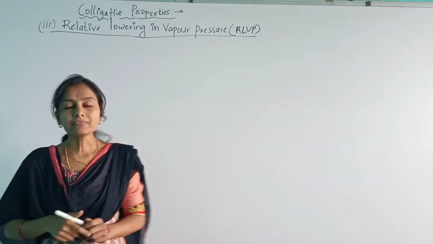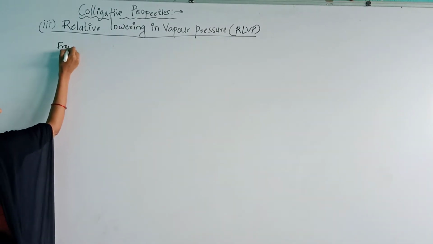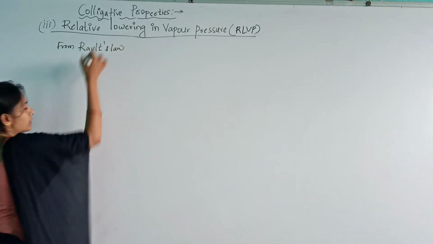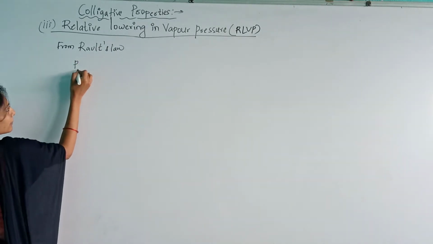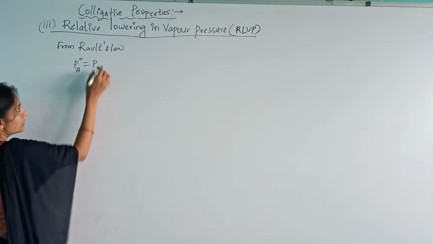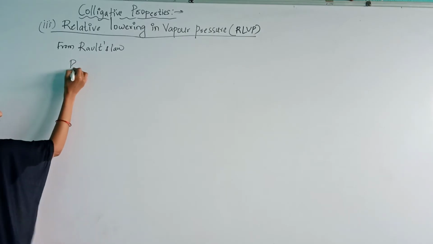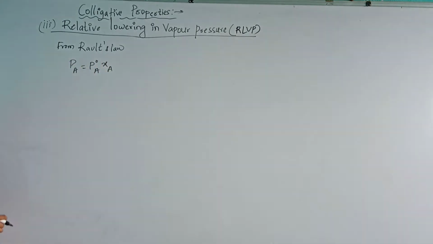Now, to derive it, we know from Raoult's law the formula PA = P naught A into XA.